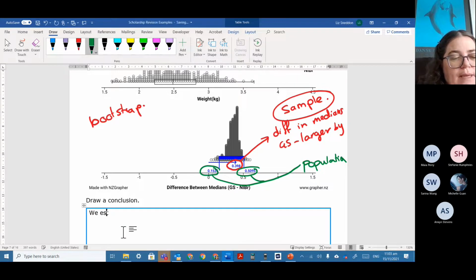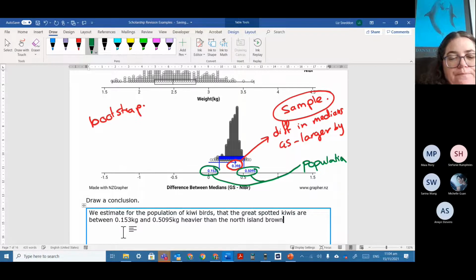So for the population of kiwi birds, the Great Spotted kiwis are between 0.153 kg and 0.5095 heavier than the North Island browns.